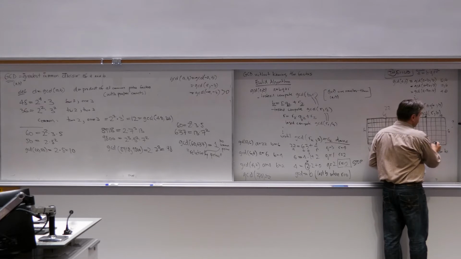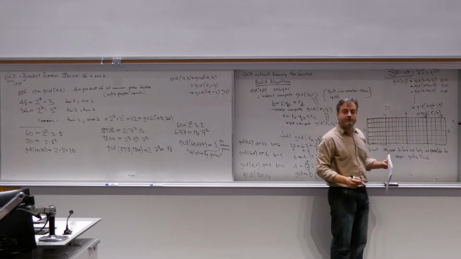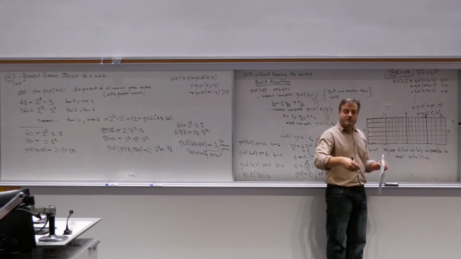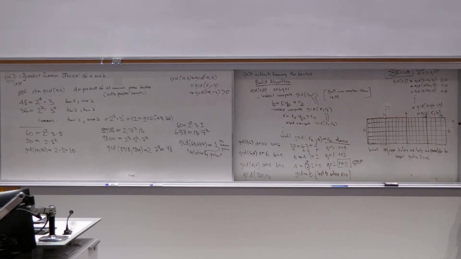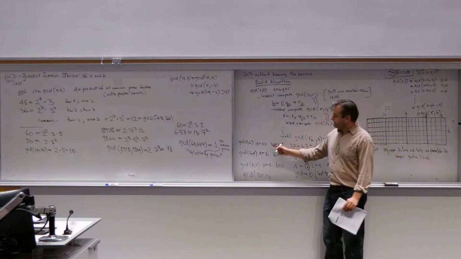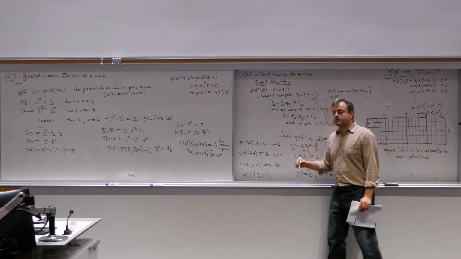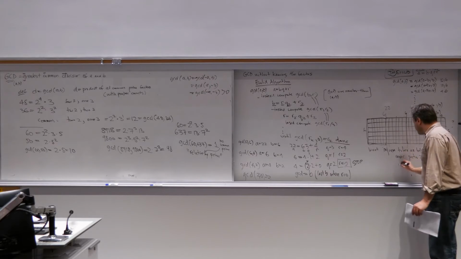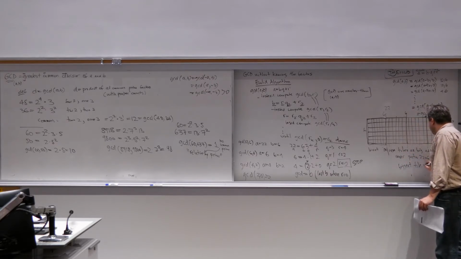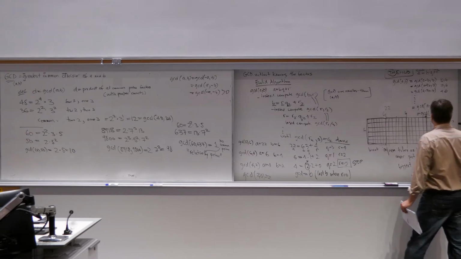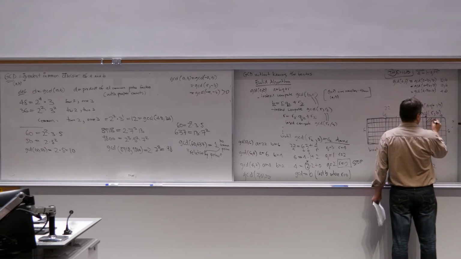What's the biggest tile that I can use to cover this 6 by 4? We use now repeatedly Euclid. What would be the answer? What tile do I need? 2 by 2. Why? Because the GCD of those two numbers is 2. So the biggest tile is actually 2 by 2. You can see how I can fit these tiles.